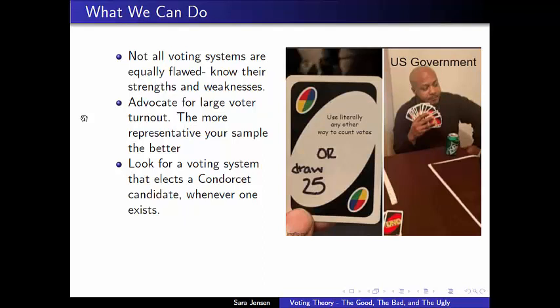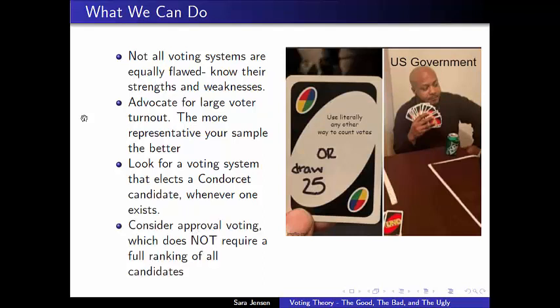Now, what's unfortunate is that a Condorcet victor often does not exist, and Copeland's method is very indecisive. It often creates a lot of ties because it can't tell who ought to win. That's one thing that's true about Copeland's method. But if you can find a voting system that's guaranteed to elect a Condorcet candidate when one exists, then this is a good voting system.